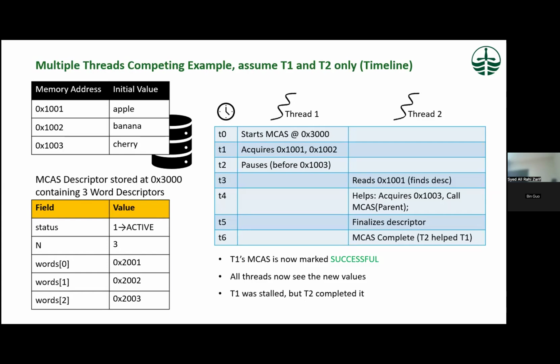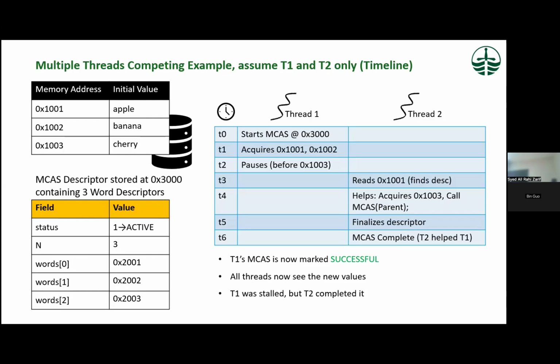But before it goes for the third one, maybe this thread is stalled or busy for other reasons. In that case, if thread 2 comes here at T3 or any other time, it will read the 1001 location. It will start from here, and it will see there is a word descriptor because it has been updated by thread 1. So when it sees that 1001 has a word descriptor, it will go to the MCAS descriptor table, and it will see that the status is active.